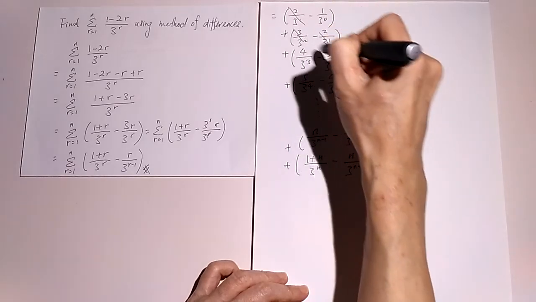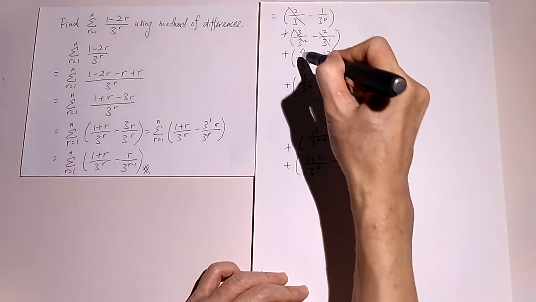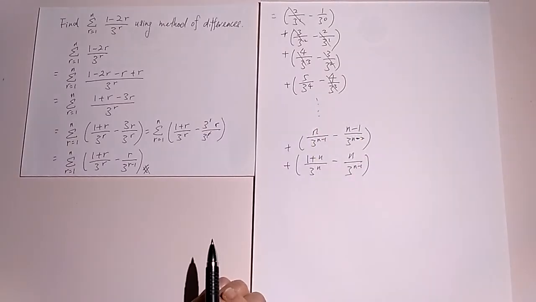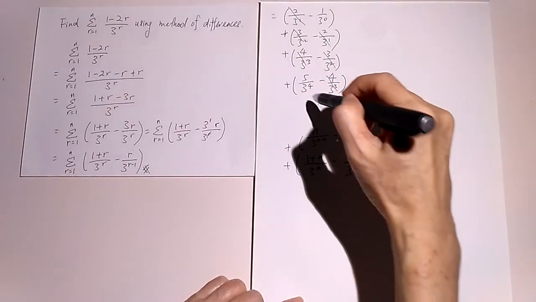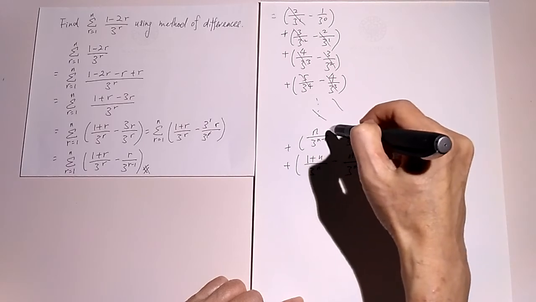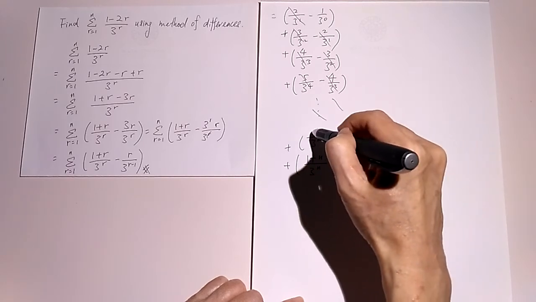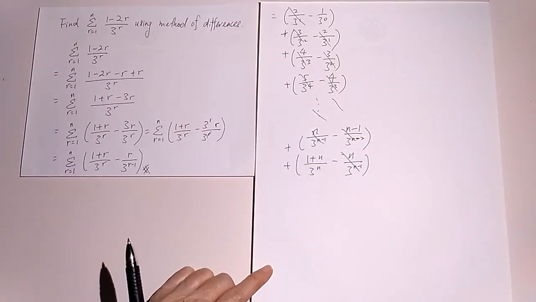Plus and minus, we cancel. And then plus and minus, we cancel. So we cancel all the way to the end.